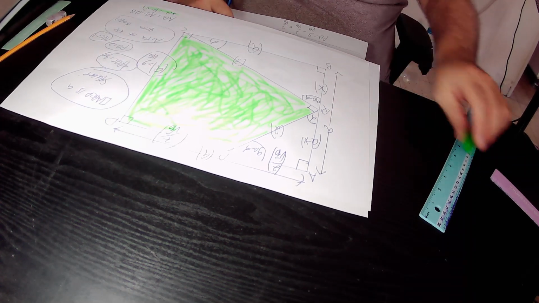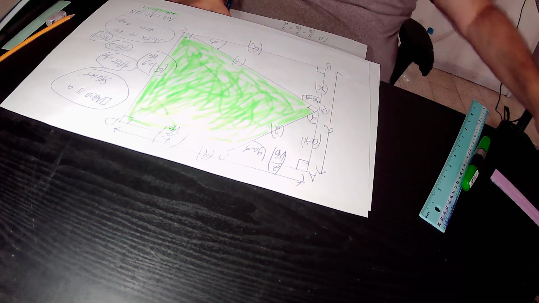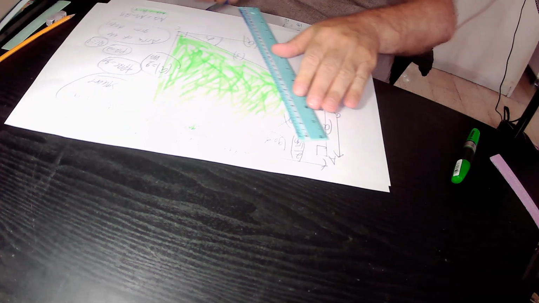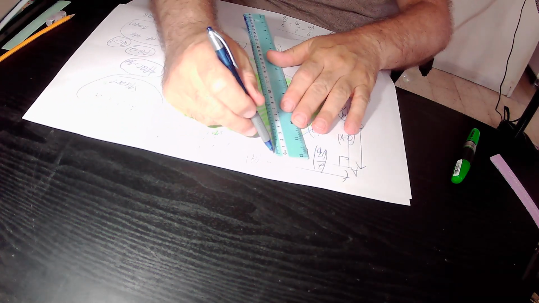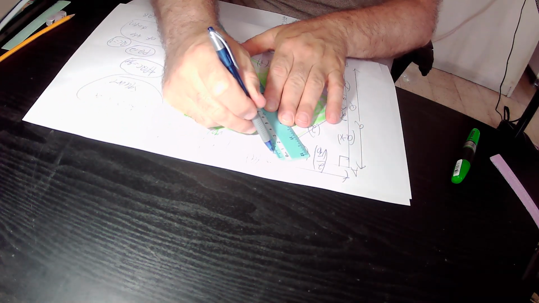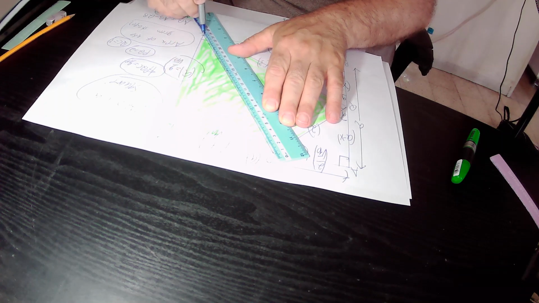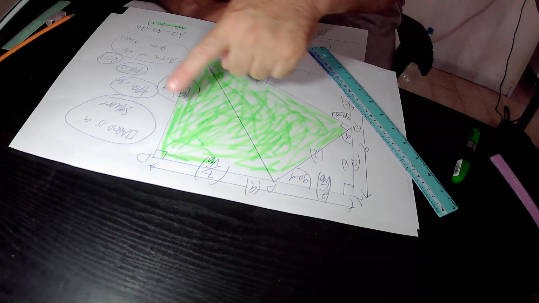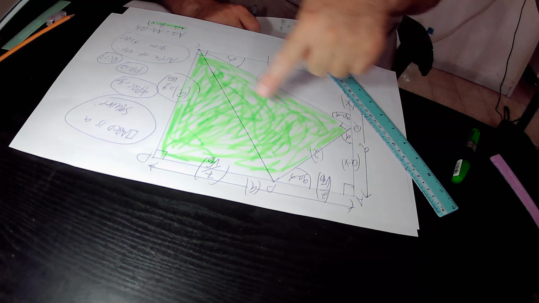In the next step, we join points P and C together by a straight line. By joining points P and C, we get two right triangles, the right triangle PDC and the right triangle PQC.